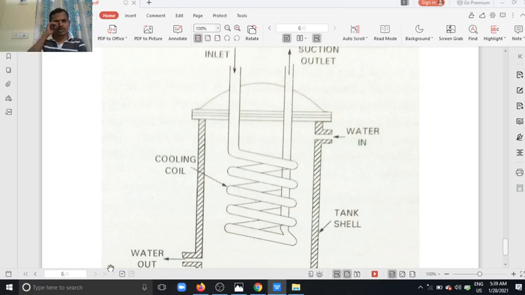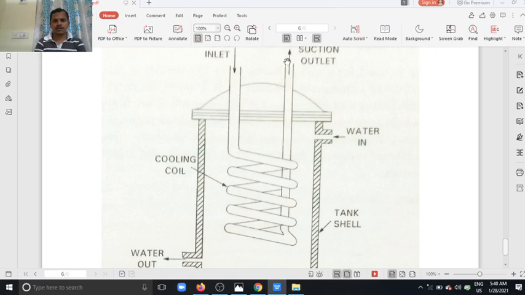So this is the shell and coil. This is the simple shell, and the coil is located like here. The refrigerant is circulated in this coil and absorbs the heat from the chilled water, and the refrigerant changes its phase from liquid to vapor.